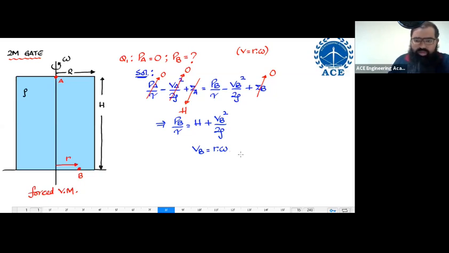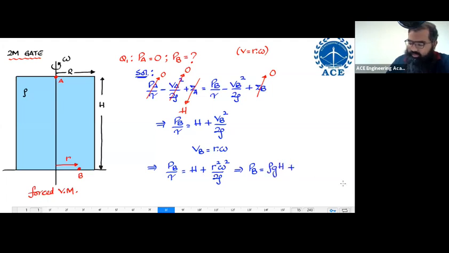So PB upon gamma has to be equal to H plus small r square omega square divided by 2G, which implies PB has to be equal to, now gamma is rho G, therefore rho G into H plus rho into r square omega square by 2.